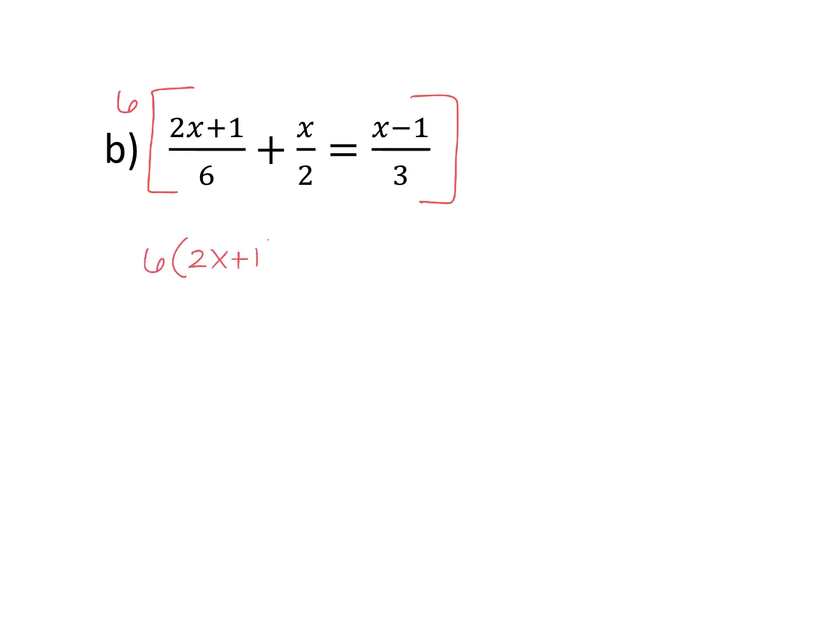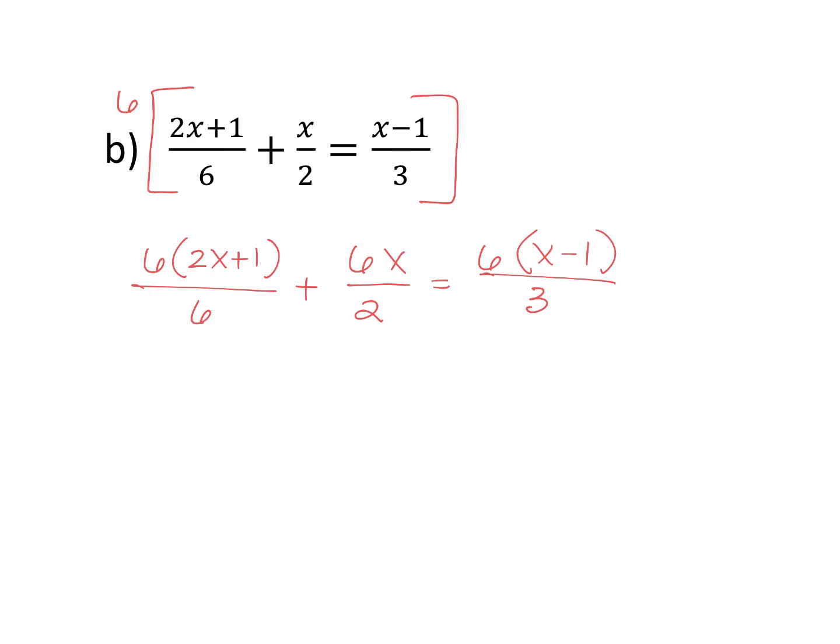6 times (2x plus 1) over 6 plus 6 times x over 2 equals 6 times (x minus 1) over 3. There's so much that you can reduce here. You want to reduce it first, and then if there's distributing to be done, then distribute.